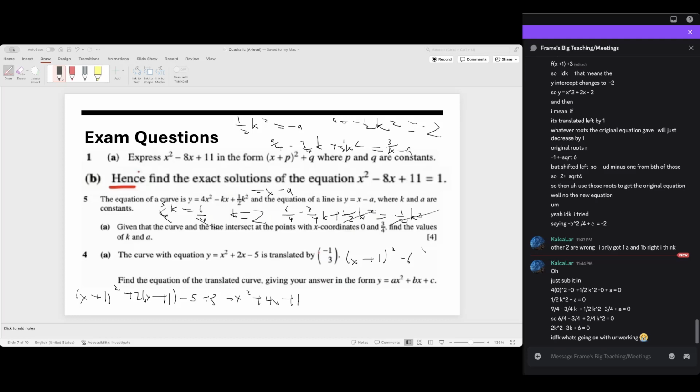And also you should be more organized than this. For example, I'll probably try my best to highlight like this, and one.